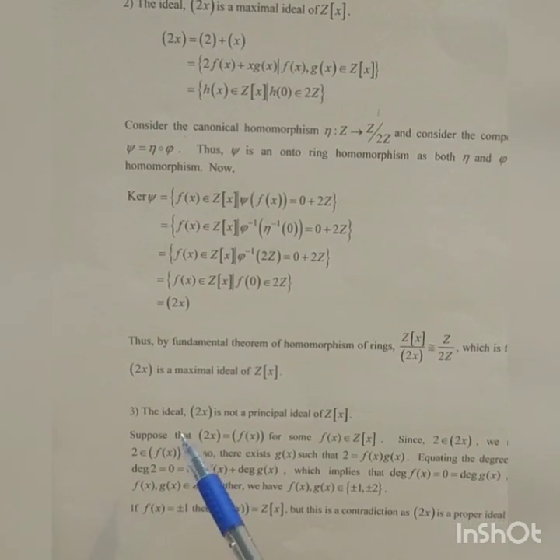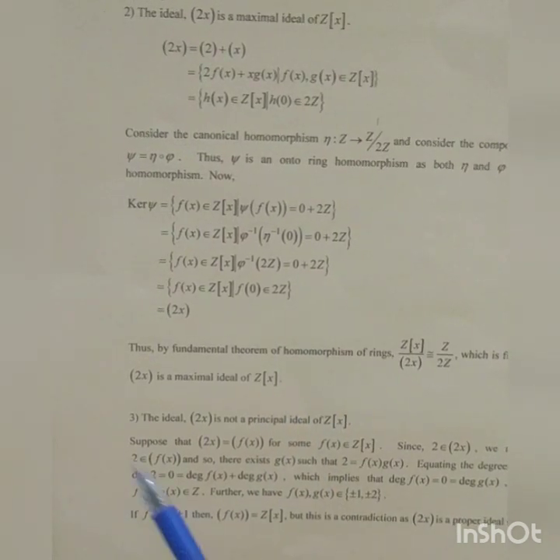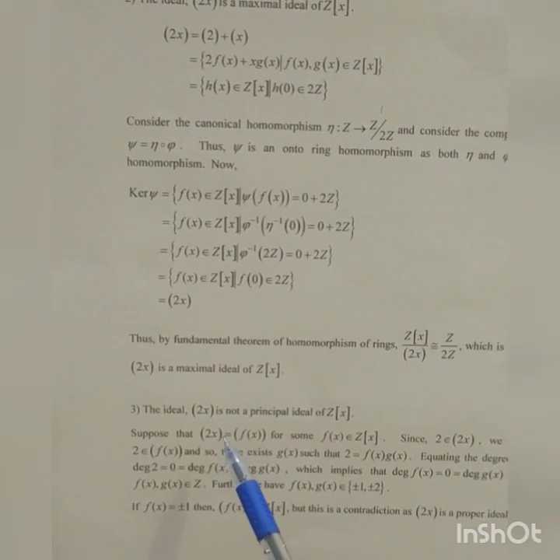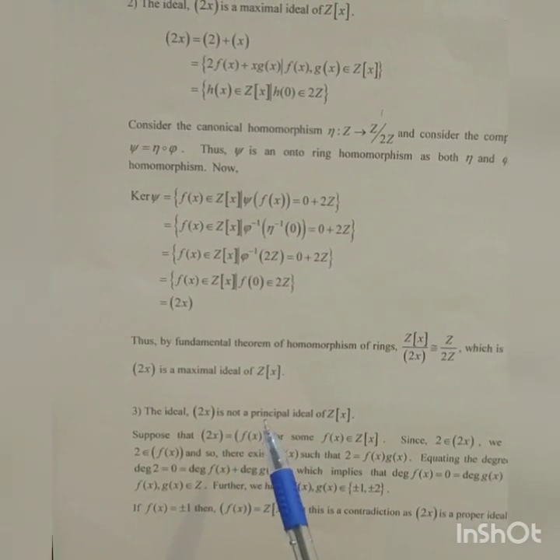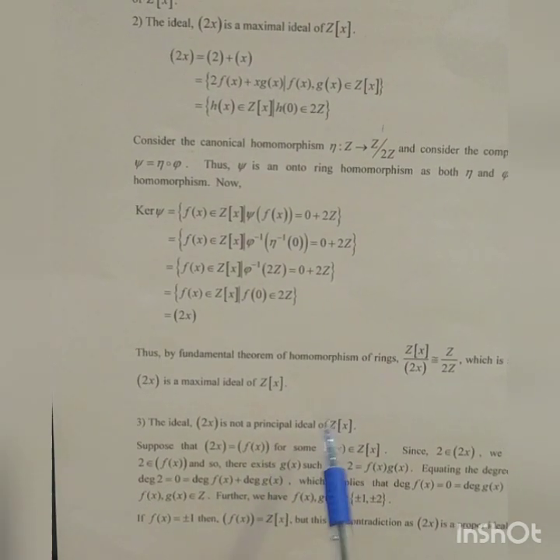Now we'll consider another example, and we'll show that the ideal generated by 2 and x is not a principal ideal of Z[x]. Contrary to this, suppose the ideal is a principal ideal of Z[x]. That is, it is generated by some polynomial f(x) of Z[x].